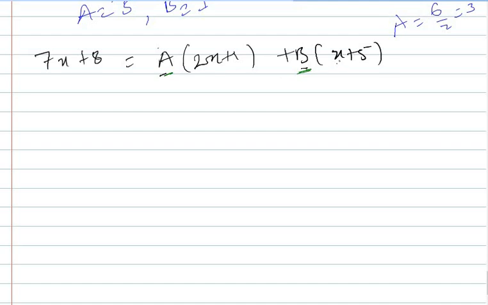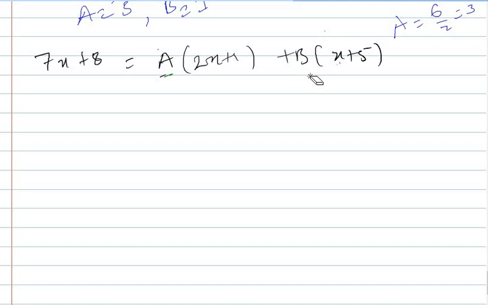Find the value of x so that B is 0, and then you get A.